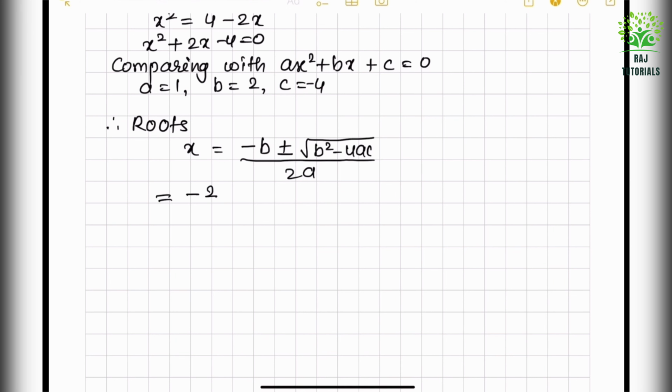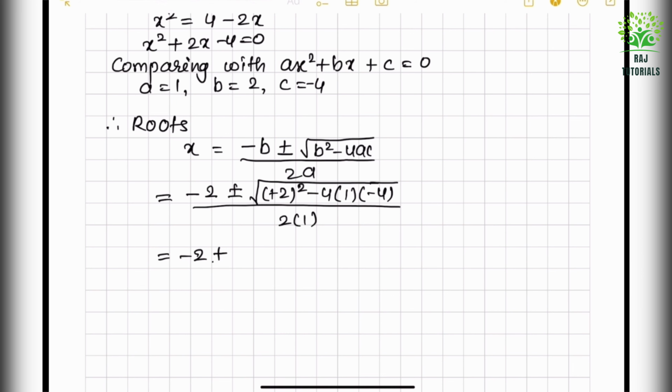So that will be minus 2 plus or minus root of 2 square minus 4 into 1 into minus 4, upon 2 into 1.